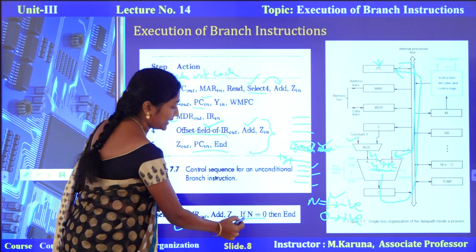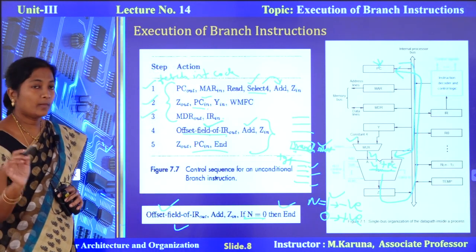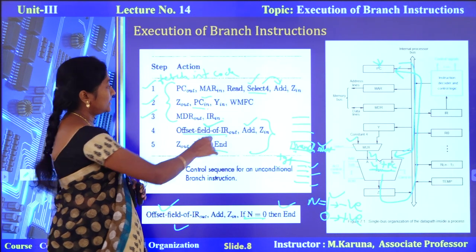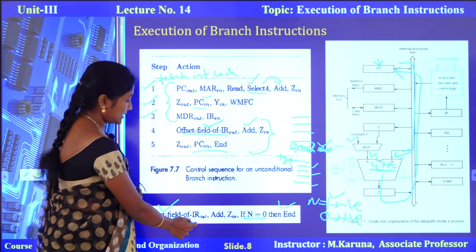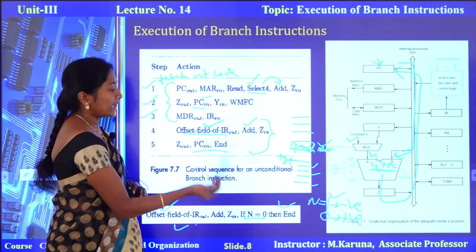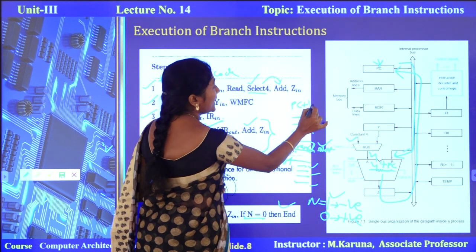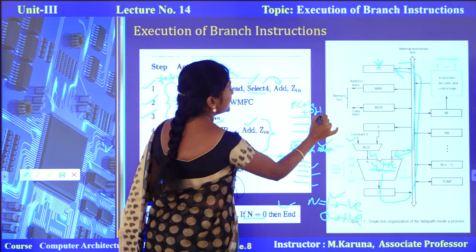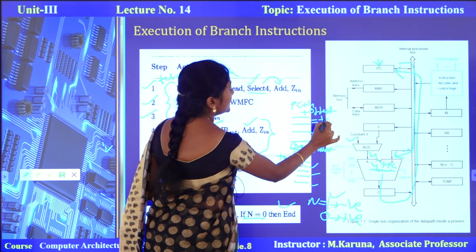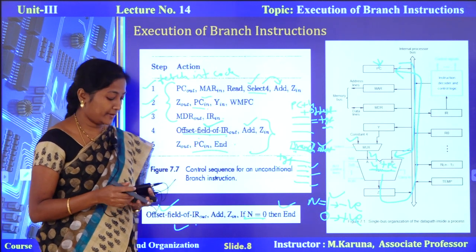Otherwise, n equal to 0, then end the process. Likewise, the branch instruction is performed. This is unconditional, this is conditional. In the case of the unconditional branch, to get the target address, PC plus 4 will be added to the offset address. Then the processor gets the target address. Likewise, the branch instruction is performed.